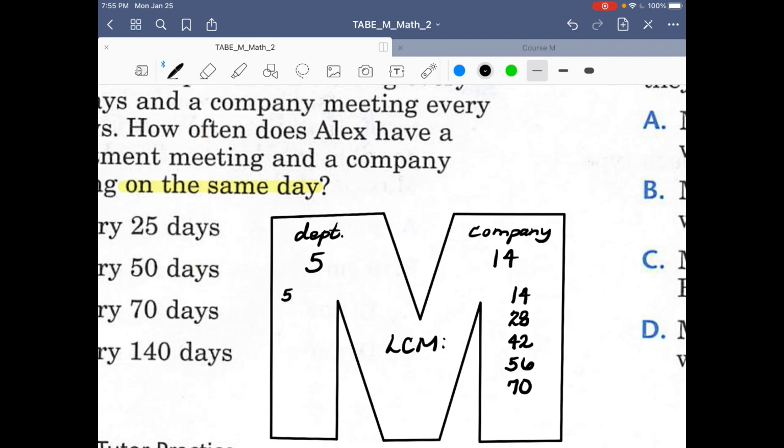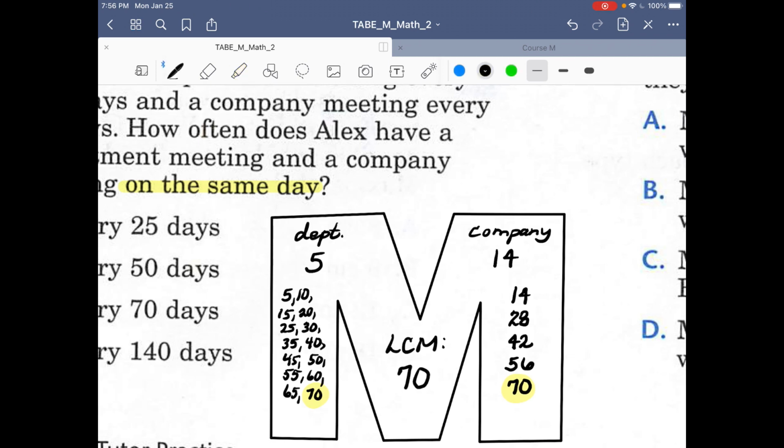So we have 5, 10, 15, 20, 25, 30, 35, 40, 45, 50, 55, 60, 65, 70. Now, if I were taking a test and I knew it was 70, I would not sit and write all that out.